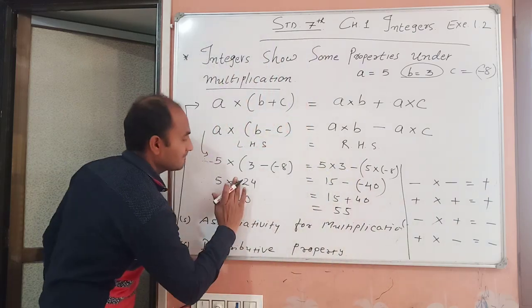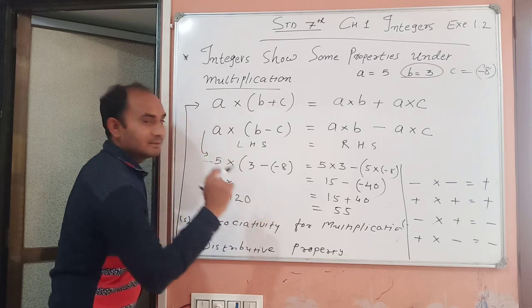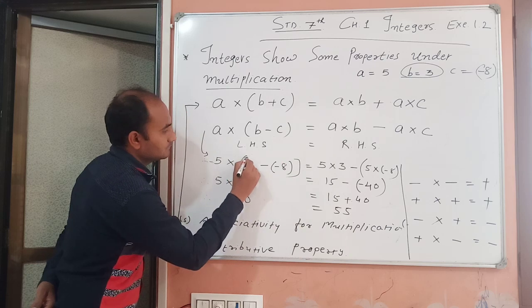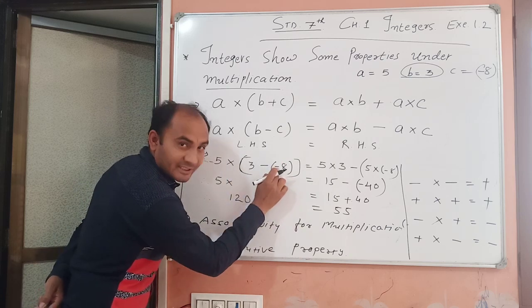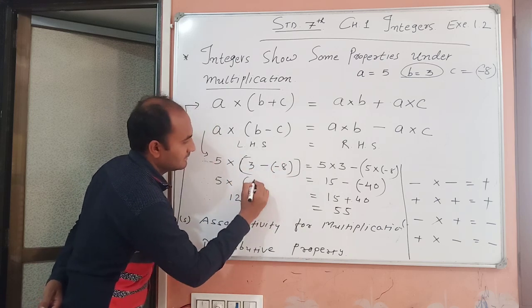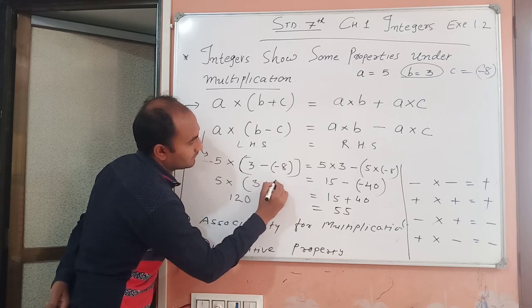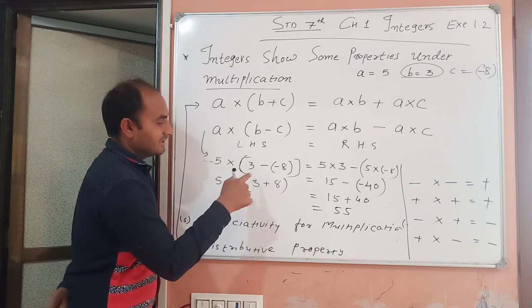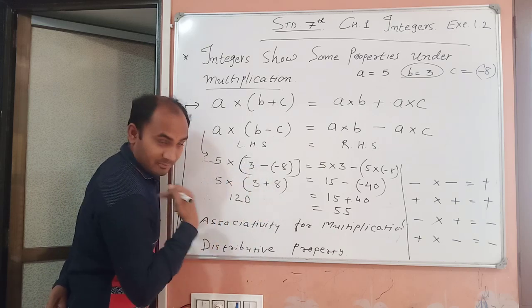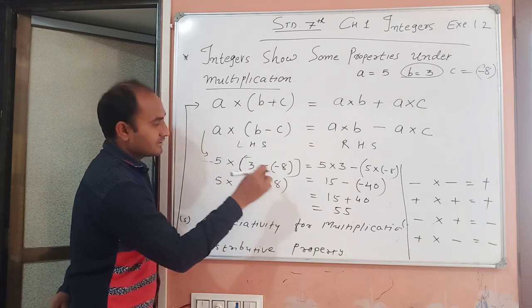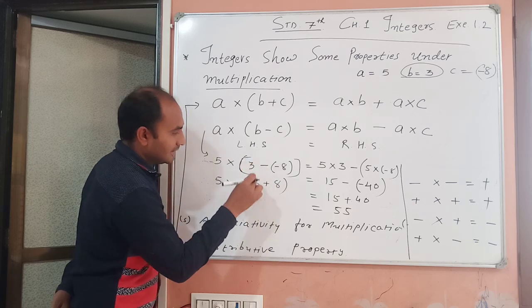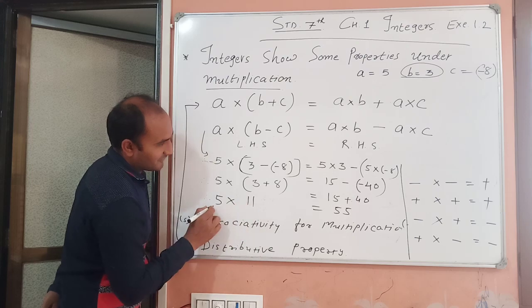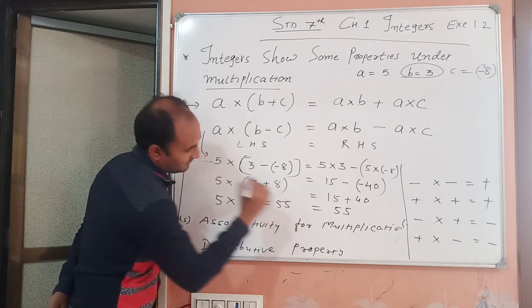So remember, here do one more step. Minus minus plus, 3 plus 8, that is 11. 11 5s are 55.